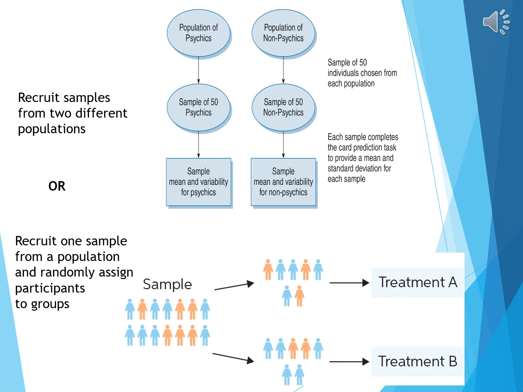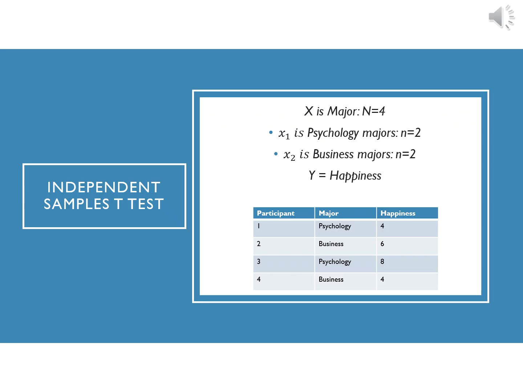But basically, all this is saying is that you never have one participant being involved in multiple treatments or multiple conditions like what we saw in the within subjects designs. These are all between subjects. So you only have them do one thing and compare that to other people who did something else.